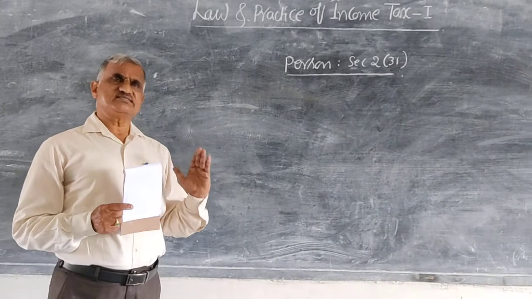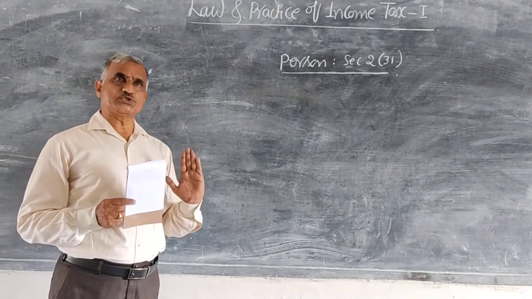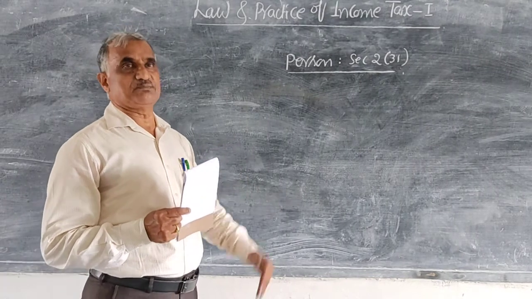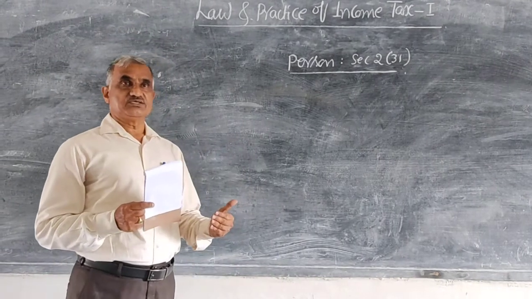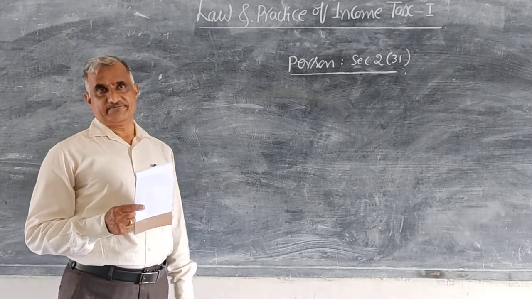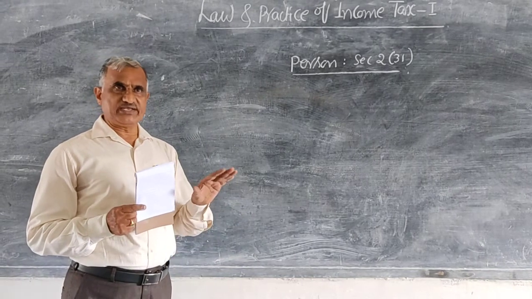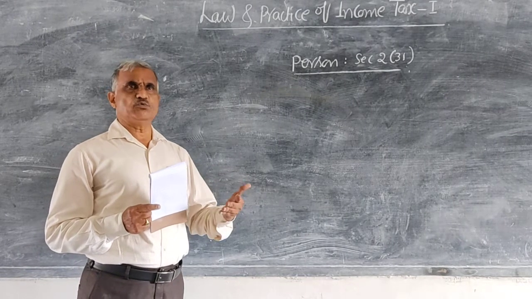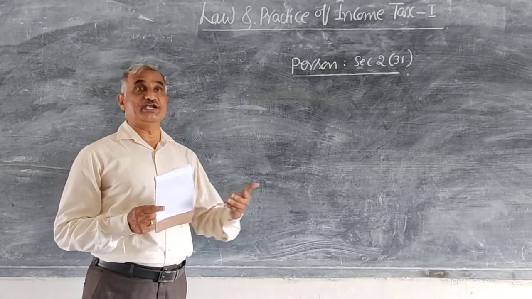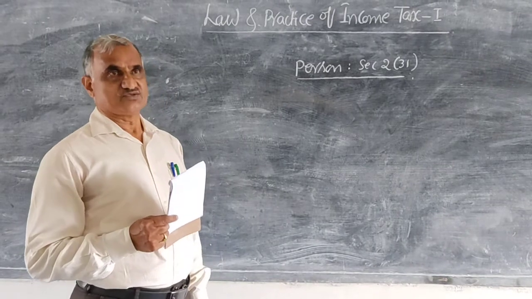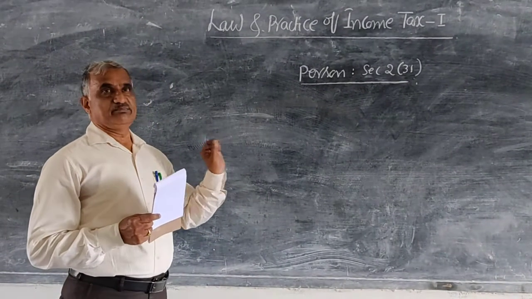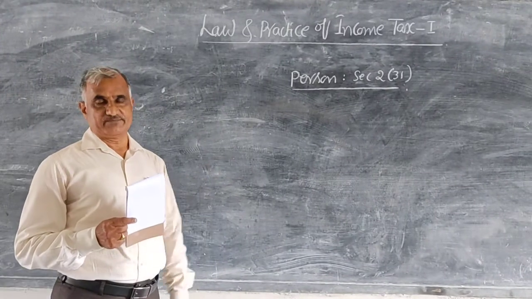So when the provision says every person whose total income exceeds the basic exemption limit should pay income tax, the question is, who is a person then? If we are very clear about the term person, then we can say who has to pay income tax and who need not pay income tax. So that's why the meaning of the term person becomes very, very important.